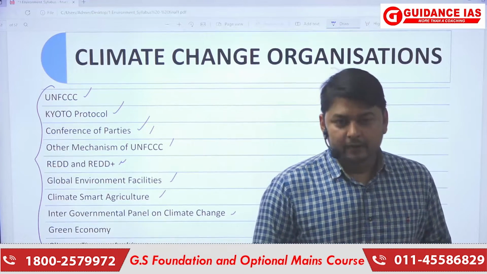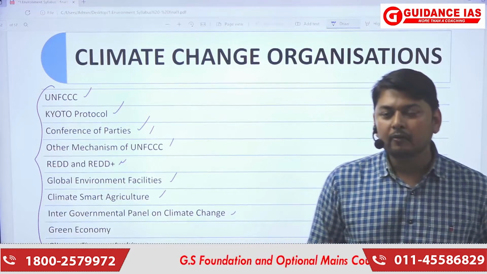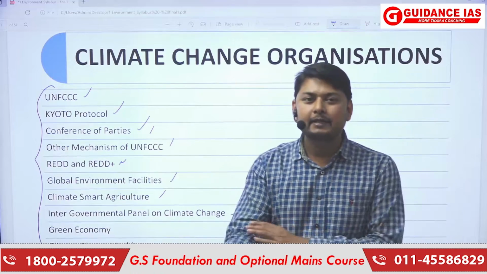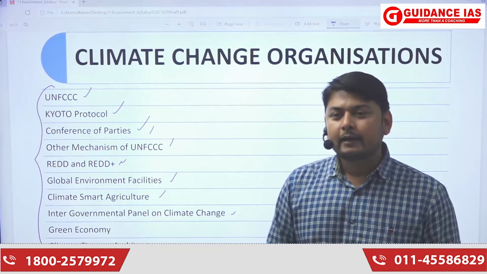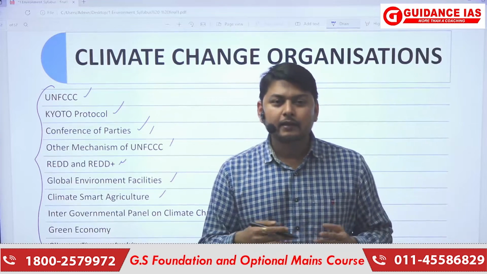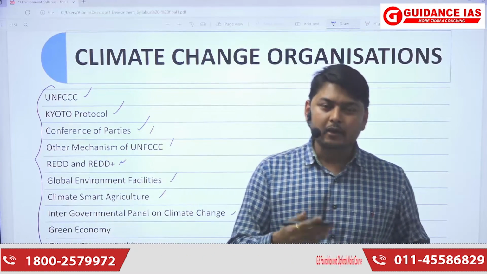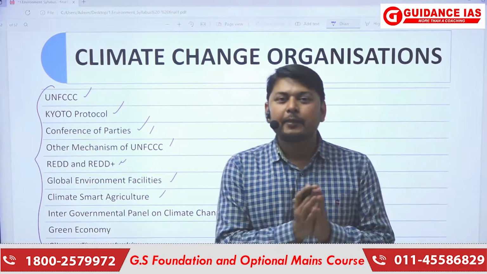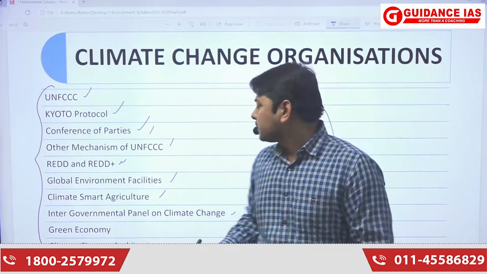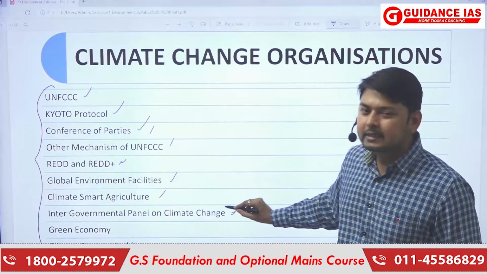So if the earth rises beyond 1.5 degrees Celsius, what will be the consequences? Currently, the temperature has risen around 0.7 degrees Celsius above the pre-industrial era. So what are the consequences?